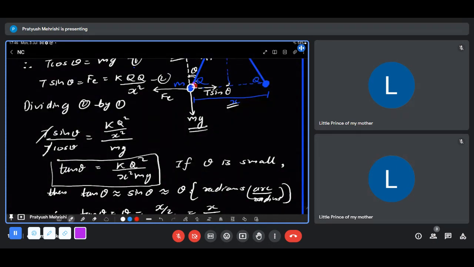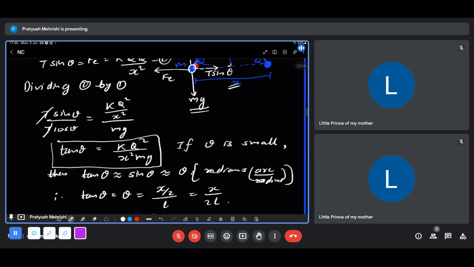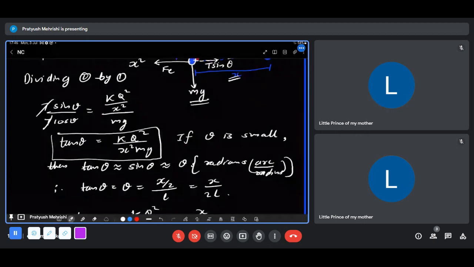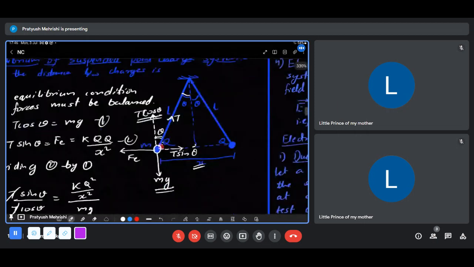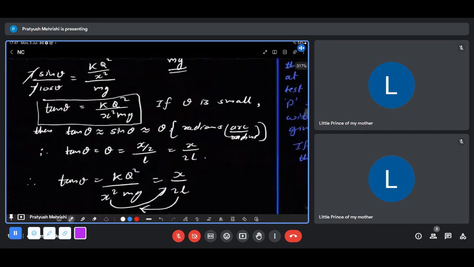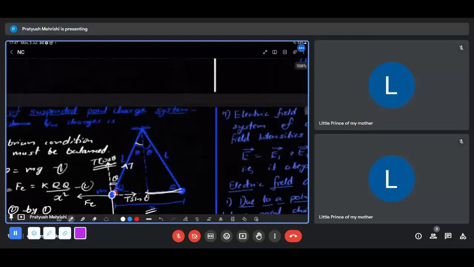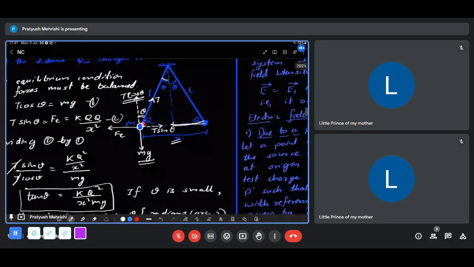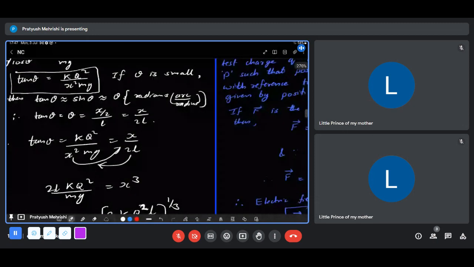Now if theta is very very small, then we can replace tan theta with theta, and theta is equal to arc upon radius. Now what is arc? This is the arc, and L is the radius. So we write arc upon radius.